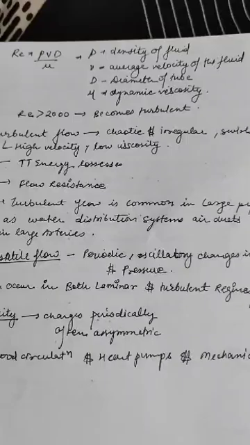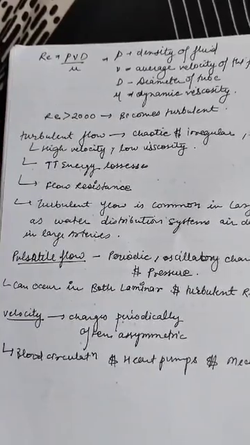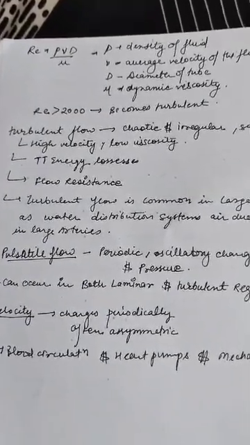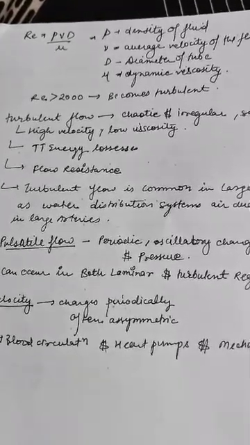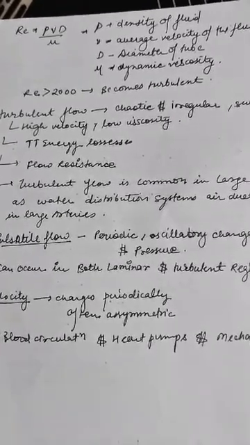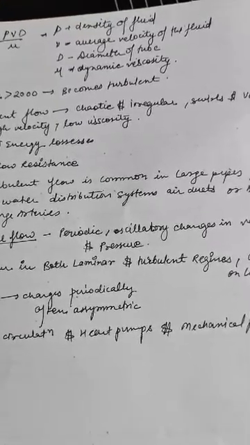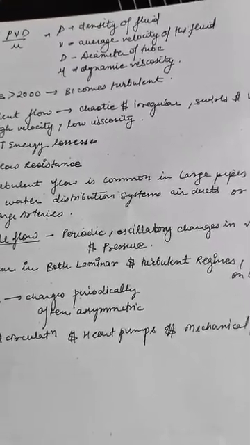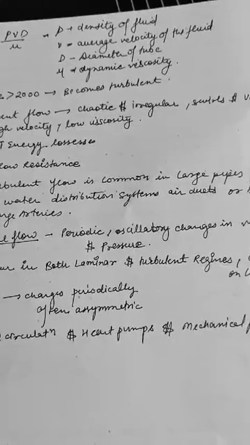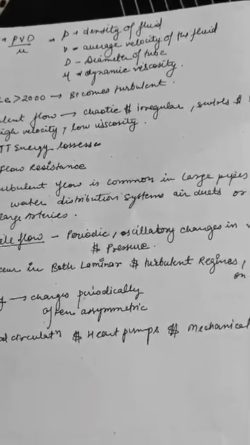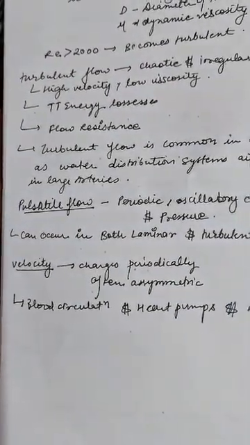When the Reynolds number is higher than 2000, the flow is turbulent. The velocity profile is flatter compared to laminar flow. In turbulent flow there is also energy loss, and the relationship between the pressure drop and the flow rate becomes non-linear. So we saw that flow resistance is also taking place.